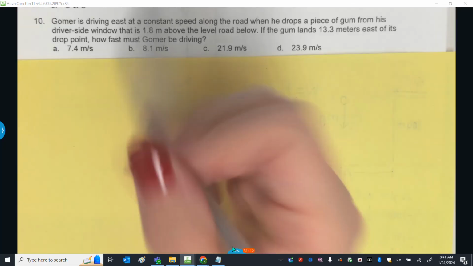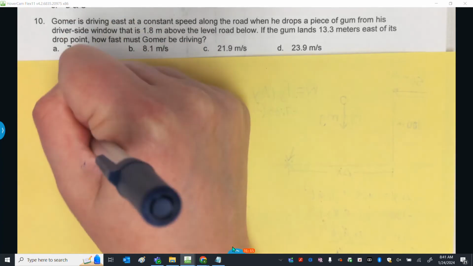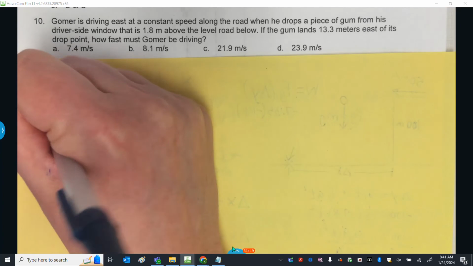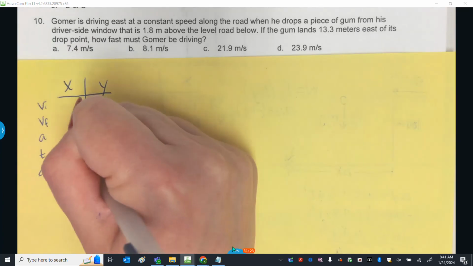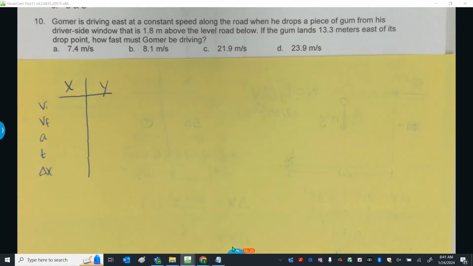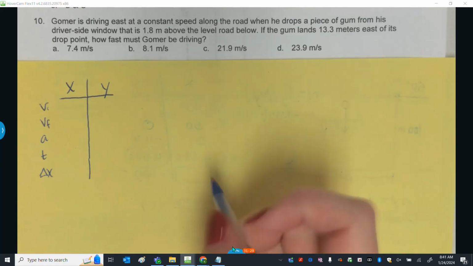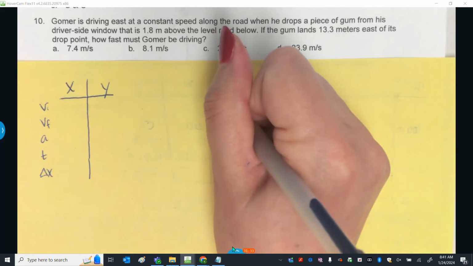So if we keep that in mind, now we can set up a calculation to actually solve for this. So I need to set up a table, and I'm going to keep separate my x and my y data. And we're going to be looking for initial velocity, final velocity, acceleration, time, and displacement. All right, in this question, I know that the driver's side window is 1.8 meters above the ground, meaning that it will fall 1.8 meters, because again, this is basically a horizontal projectile.